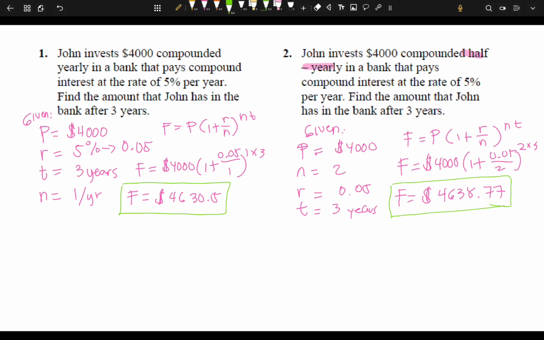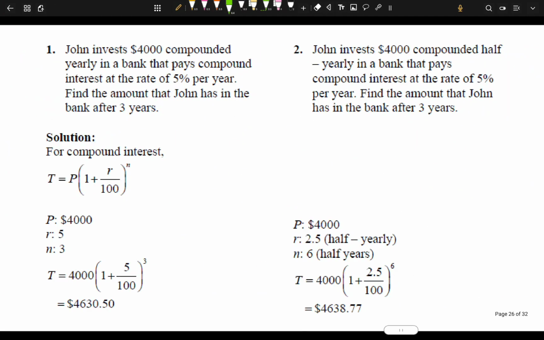Ibig sabihin, kahit maliit yung naging value nung kanyang interest kada annual, semi-annually or kada 6 months, malaki naman yung na-accumulate niya na value. So mas maganda, mas maraming times na nagko-compounded siya per year. So ayan, tama naman yung nakuha natin na mga sagot.